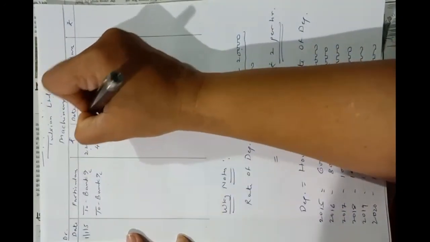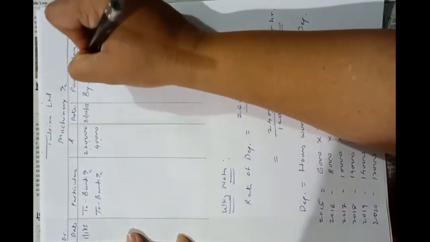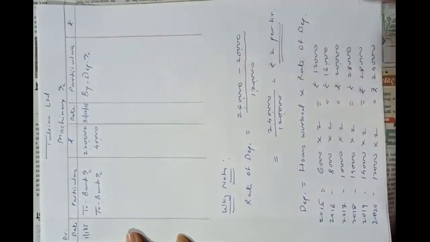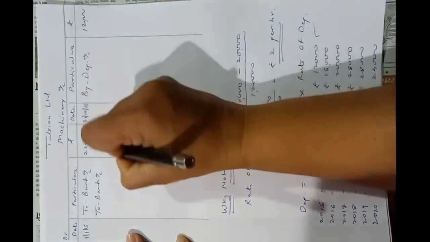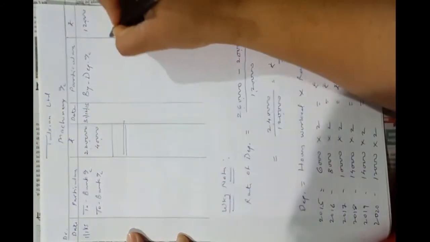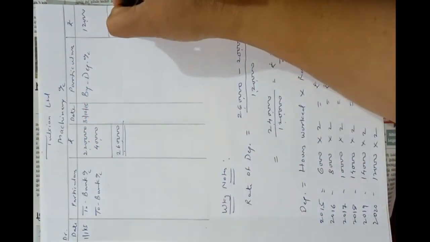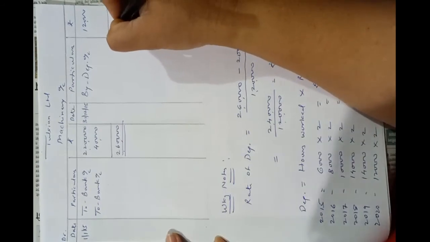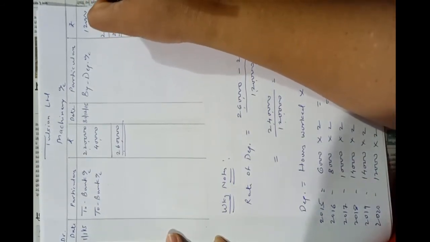First depreciation will be on 31st December 2015 by depreciation account, which as per our calculation is rupees 12,000, and then we have to tally for this first year: 2,60,000 minus 12,000, so it will be 2,48,000.